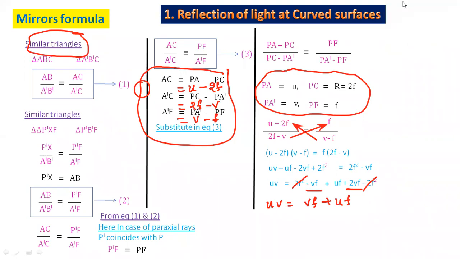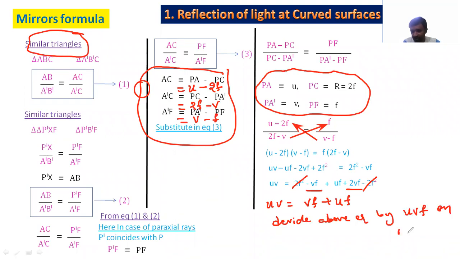Use your quick reaction. If there is any doubt in this derivation, just ask me immediately. Otherwise, go for quick reaction. Thank you. Then what is the next step here? I'm dividing this equation, right? Divide the above equation by UVF on both sides, right?